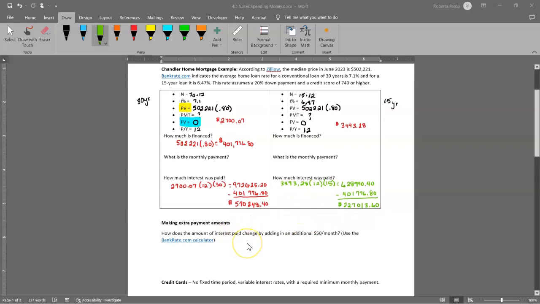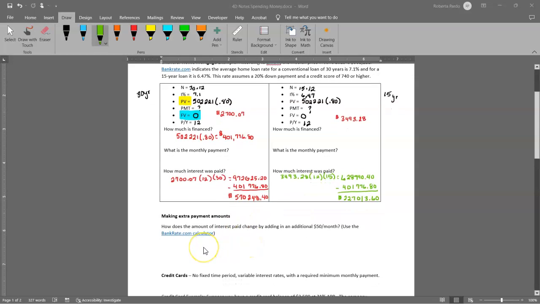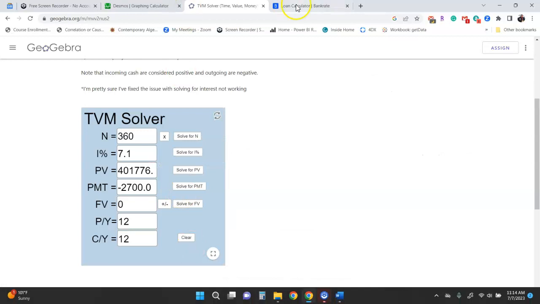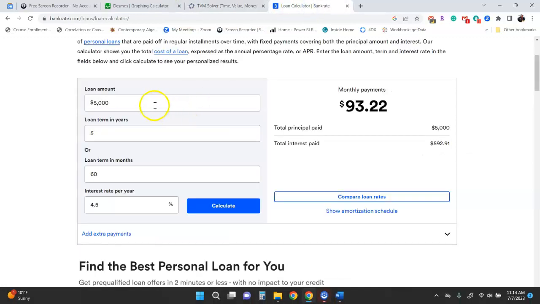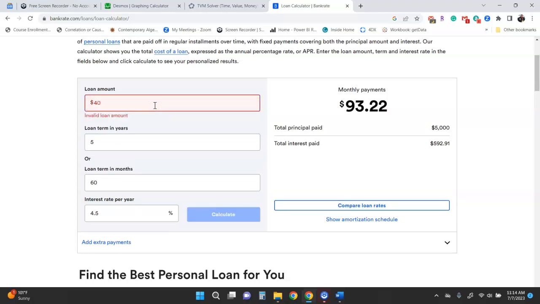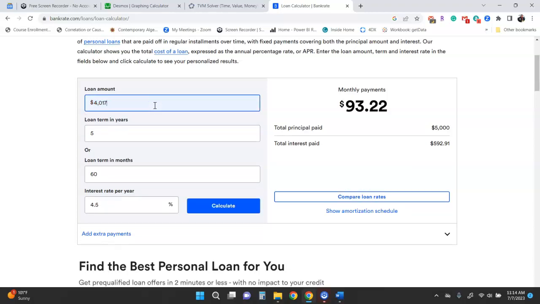So again, the shorter time also reduces our overall interest paid. Another way we can do this is making extra payments, and bankrate.com has a great loan calculator that we can use to show this. Our loan amount, remember, is $401,776.80 for 30 years, and the interest rate is 7.1%.